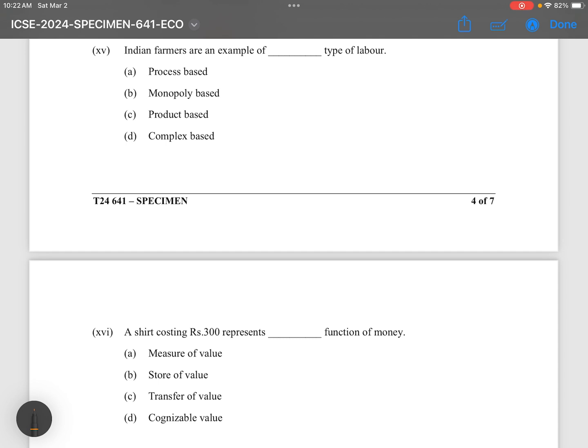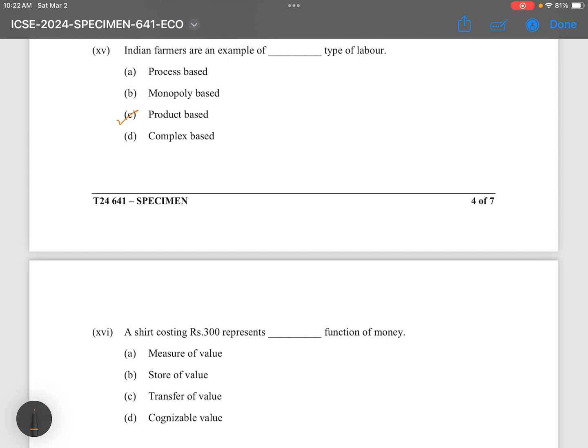When we are talking about types of division of labor, you have product based, process based, geographical. Out of that, Indian farmers come under product-based division of labor. Why? When a person specializes in the production of a particular commodity or service, it is called product-based division of labor. It is also known as simple division of labor. So don't get confused if you get options like simple, complex, product.